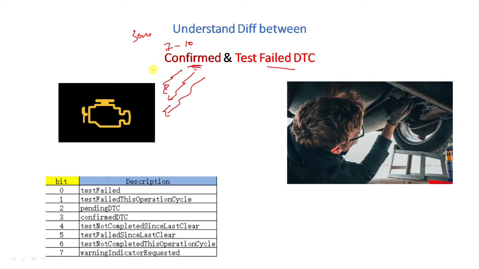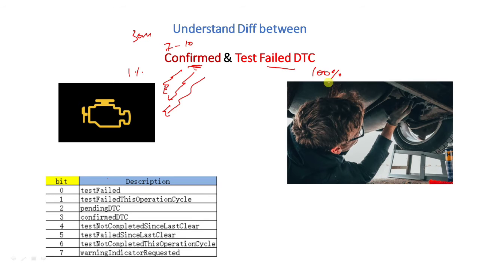If it is right now, well and good, but still, if you are on a night trip, you may not be able to find a garage. On a highway it's very hard to find a garage. It depends on the location, but still, immediately we don't have a solution for that. So a confirmed DTC will start to pop up even if it finds a 1% issue, whereas test failed is a 100% issue.